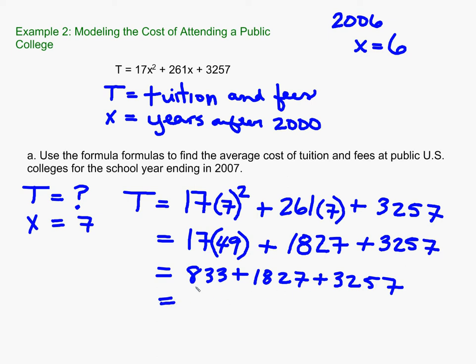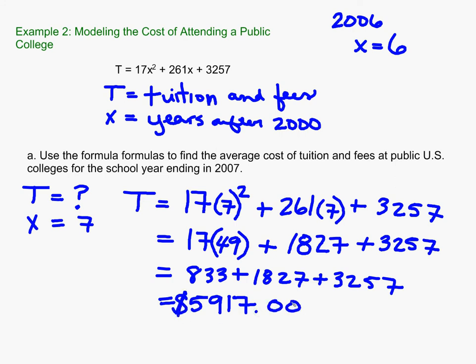Here's all of my addition. So 833 plus 1,827 plus 3,257 gives me a final answer of 5,917. And remember, this is the tuition, so this is going to be in dollars.